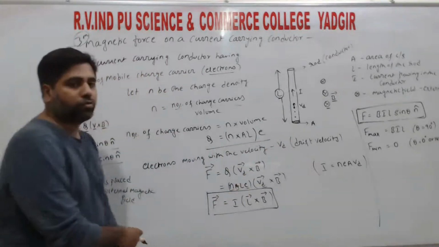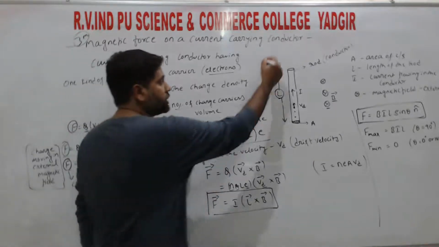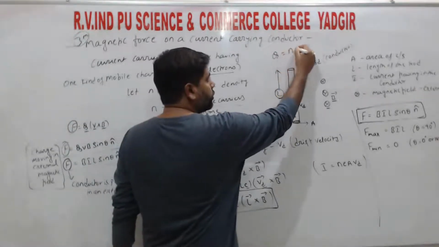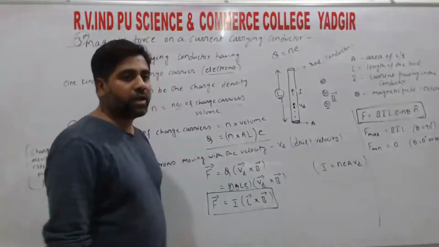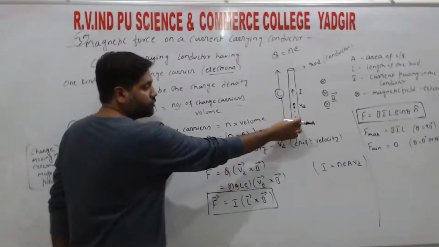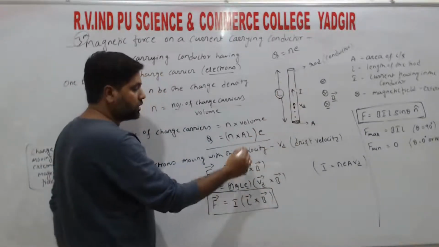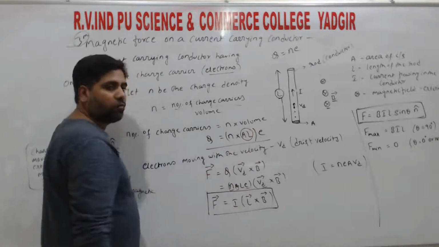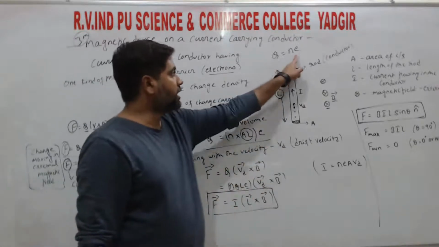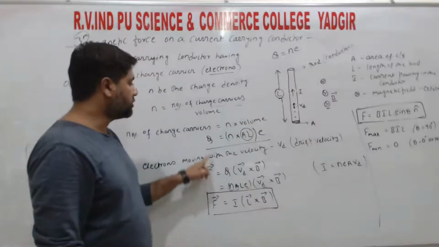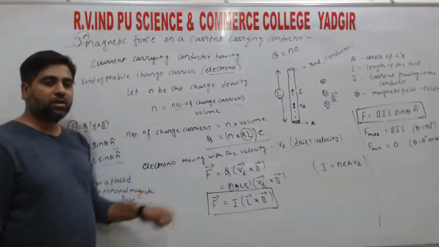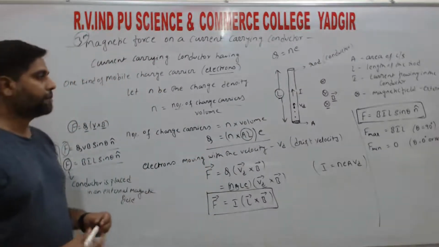The charge Q: in the first chapter we wrote charge Q equals Ne, where N is a scalar, but here it is moving inside the conductor, so we consider the volume AL, that is nAL into e. That is the number of charges flowing in the conductor, right?